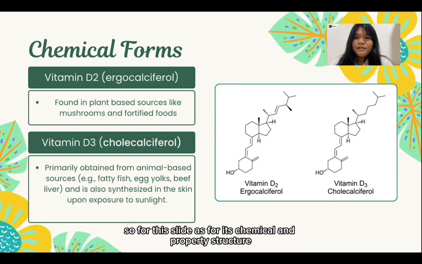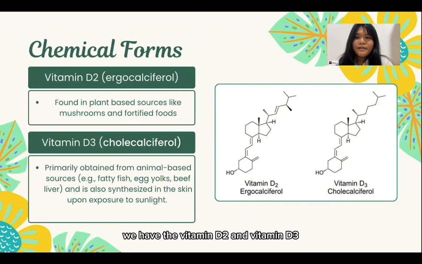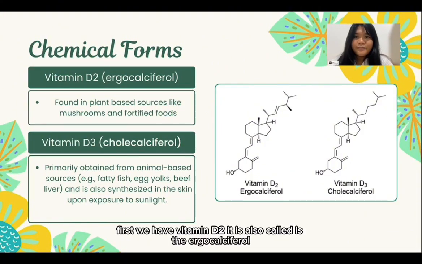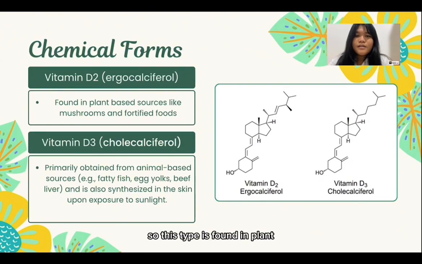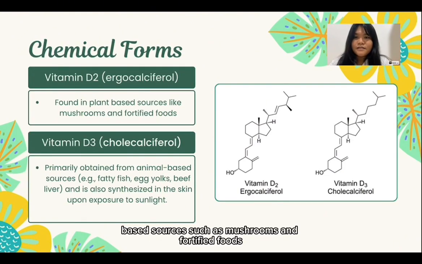For this slide, as for its chemical structure and properties, vitamin D exists in two main forms: vitamin D2 and vitamin D3. First, we have vitamin D2, also called ergocalciferol. This type is found in plant based sources such as mushrooms and fortified foods.